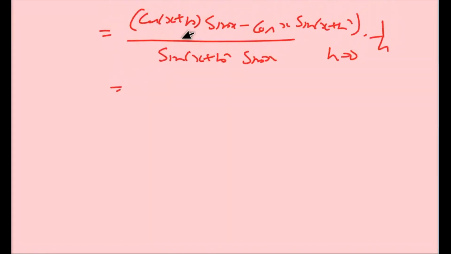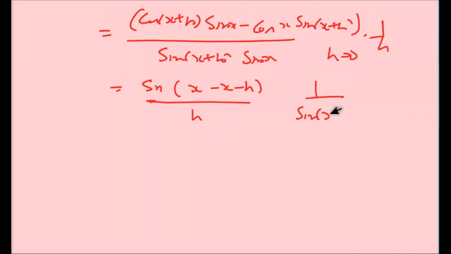So using the formula for cos a sin b minus cos b sin a, we get sin(x minus (x plus h)), that is sin of minus h, upon h, 1 upon sin(x plus h) sin x, h tends towards 0.